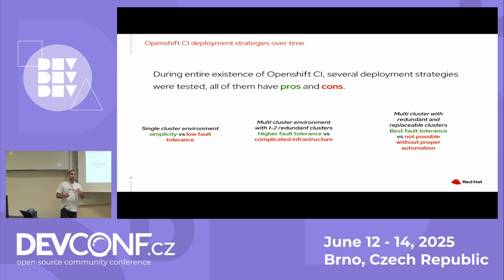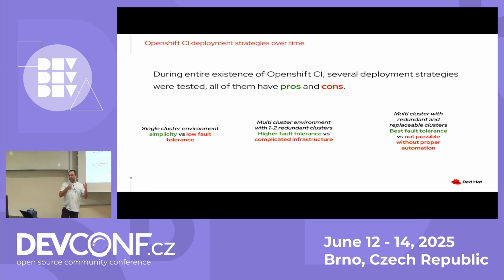So of course we can talk about pros and cons of every solution, but we have short time today, so I selected only 1 pro and 1 con that we can present here. So if we go to the single cluster environment and study it, there is simplicity. That's a big plus. But then if the cluster is, for example, mistakenly deleted, there is no CI. And it actually happened in the past.